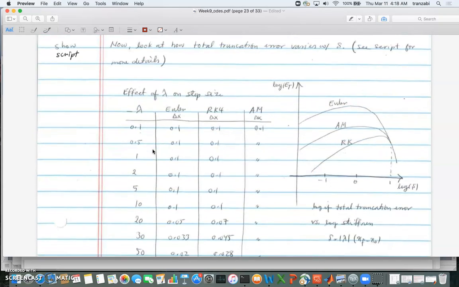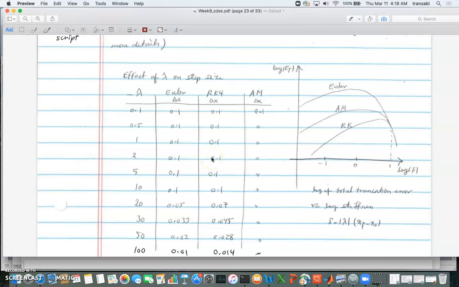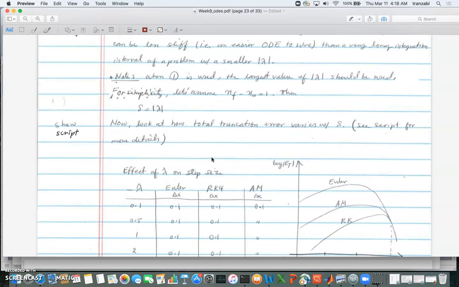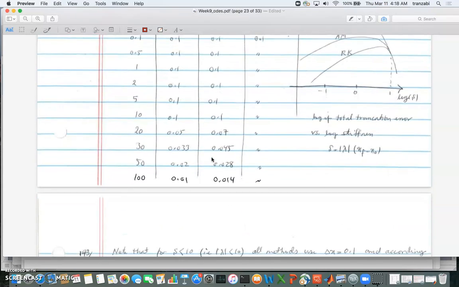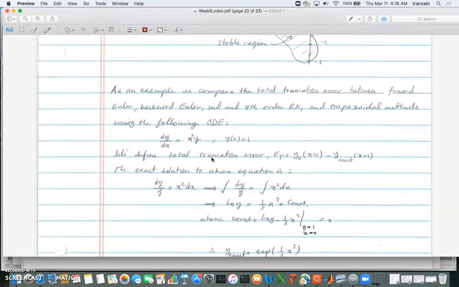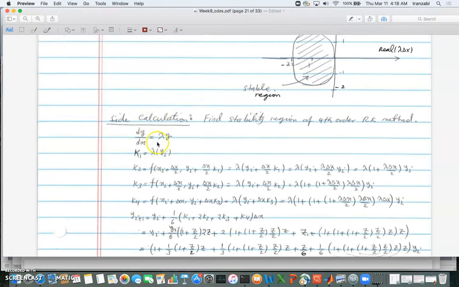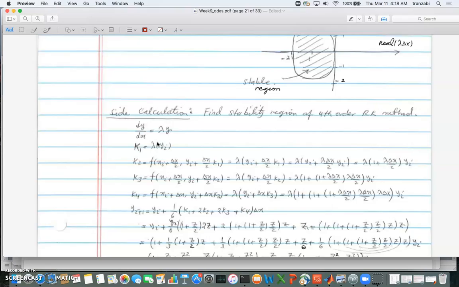Okay. So here's a table of a comparison of how lambda can affect the result. Let's say we solve this toy problem we had before, dy/dx equal lambda y.